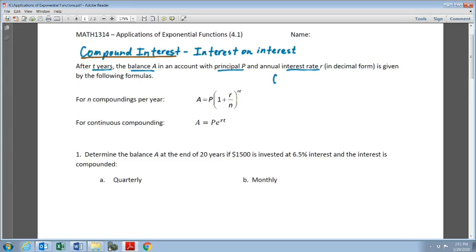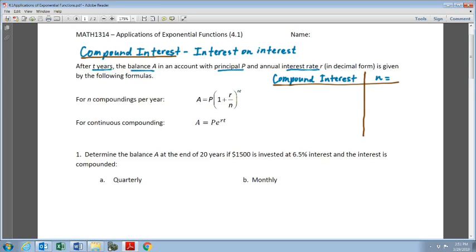Okay, so I'm going to make a little chart here. So it says for this first formula here, for n compounds per year, we're using this formula, A equals P times (1 plus r over n) quantity, that quantity to the nt power.